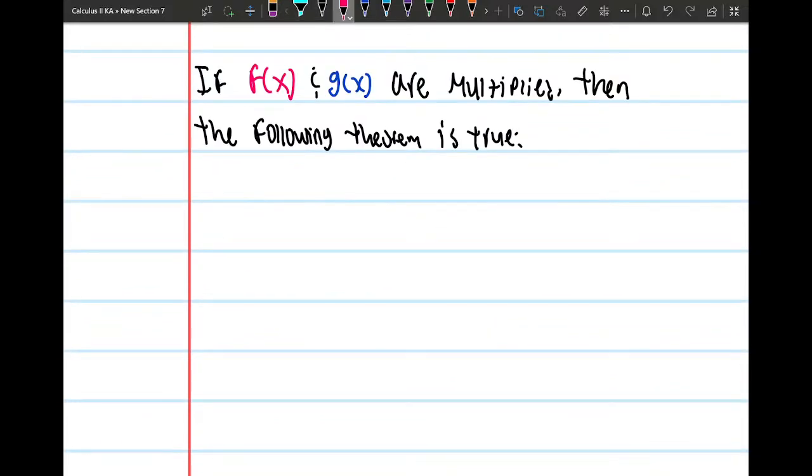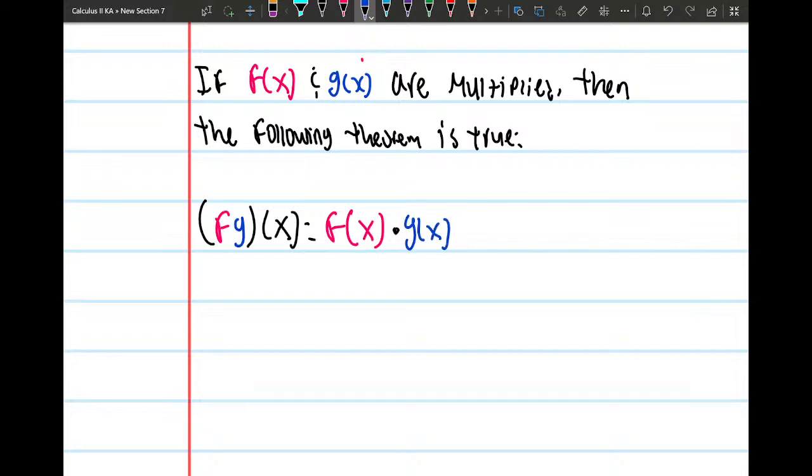We can say that f g of x is equal to f of x times g of x. So we know that this is true.